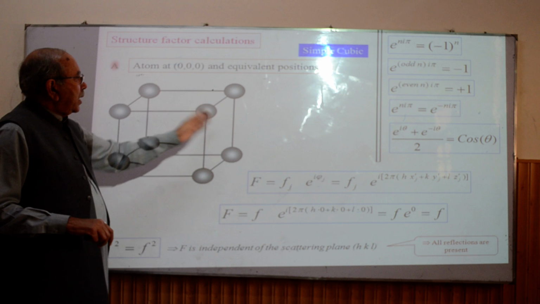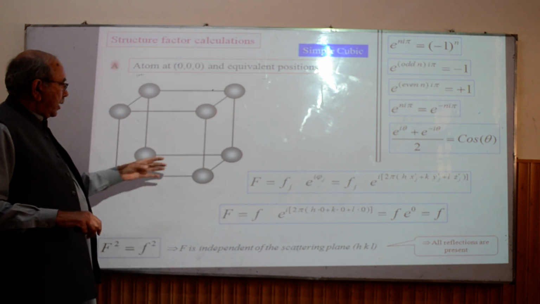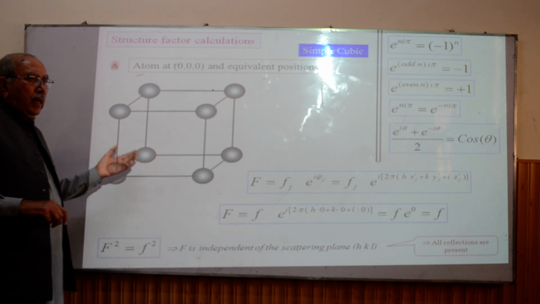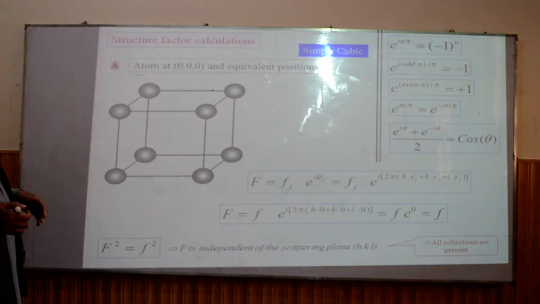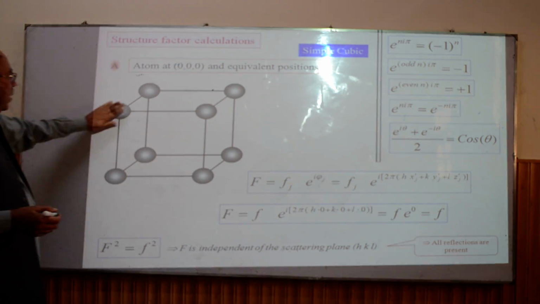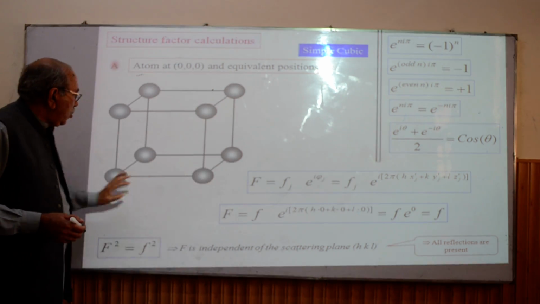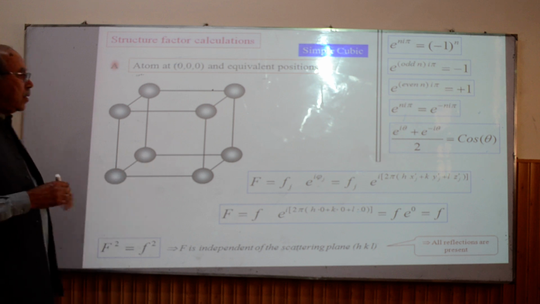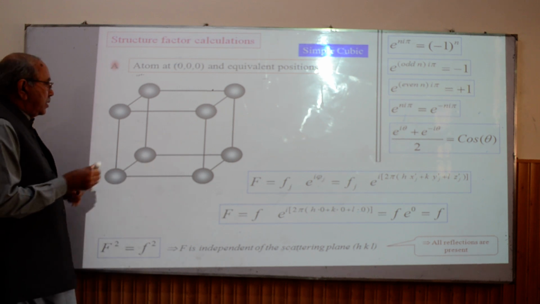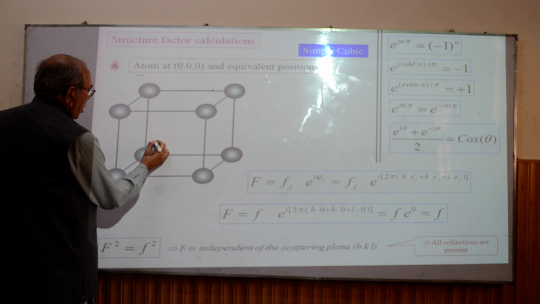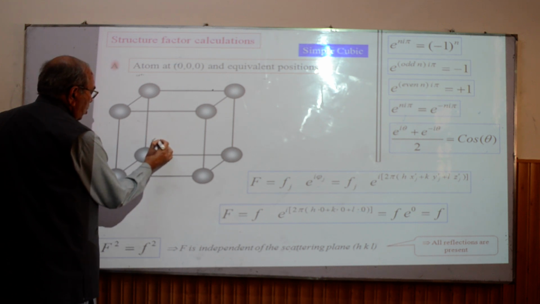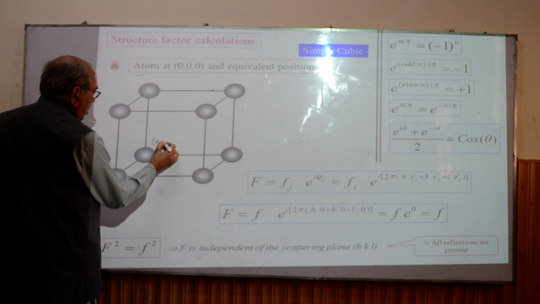Since there are 8 corners, in total I can take 8 multiplied by 1 by 8, which is equal to 1. I remove all these and only take this one. And the coordinates of this one, since it is present at the origin, x, y, z will be 0, 0, 0.